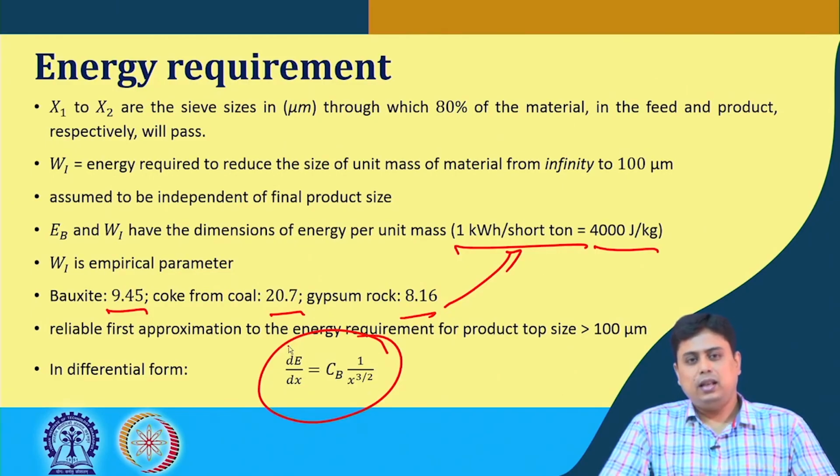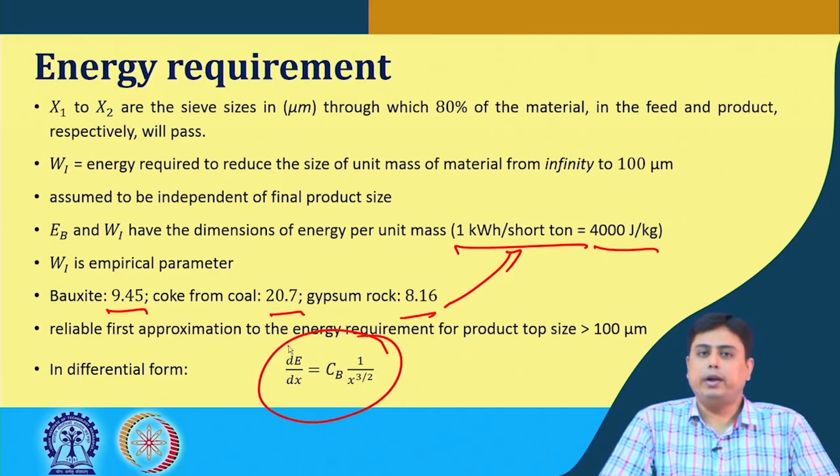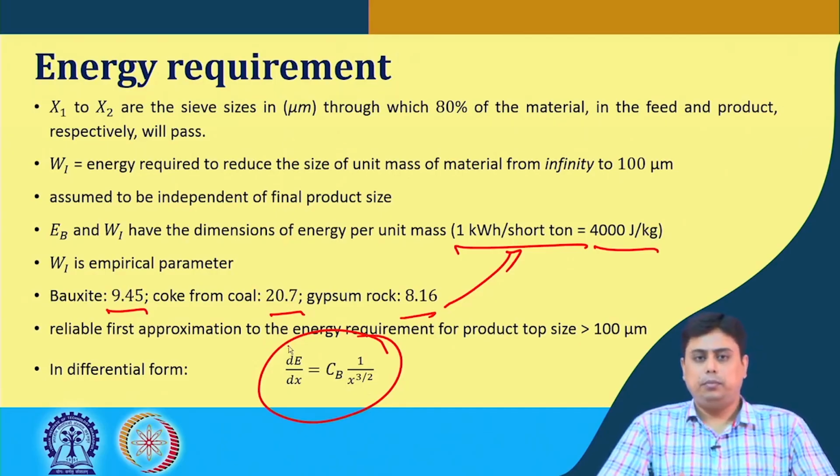We have seen their limitations. Because of the shortcomings of Rittinger's law, Kick's law was provided, but that was not sufficient, so Bond's law was provided, which works pretty well as a first approximation for design purposes.